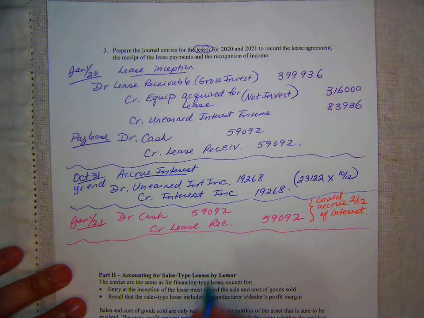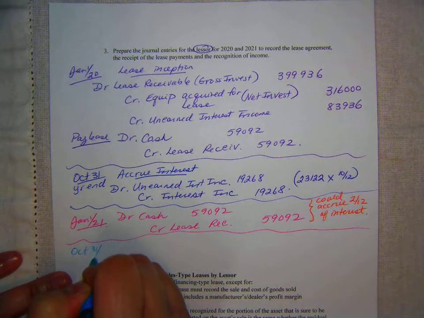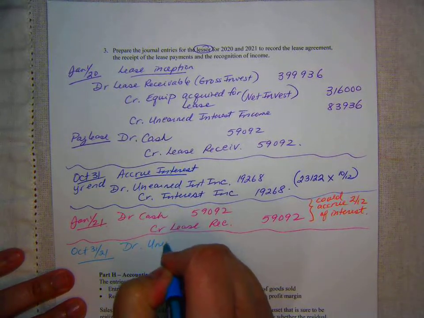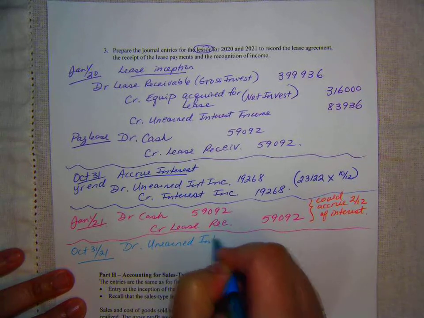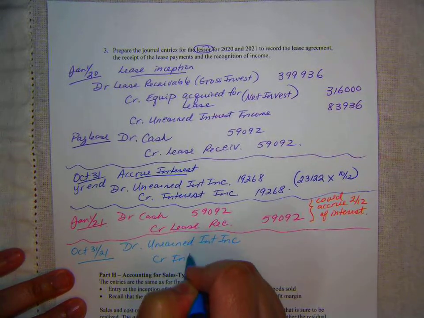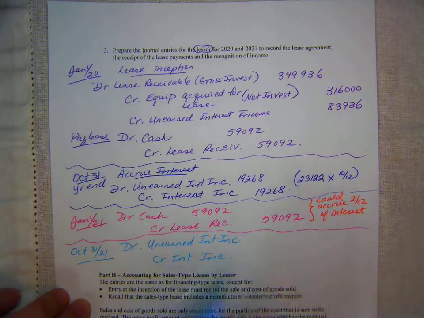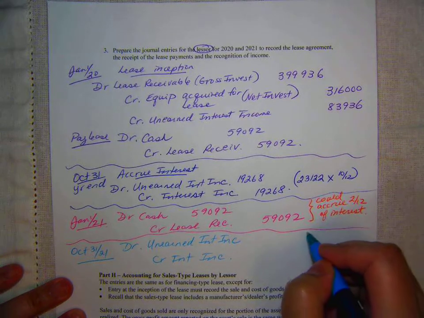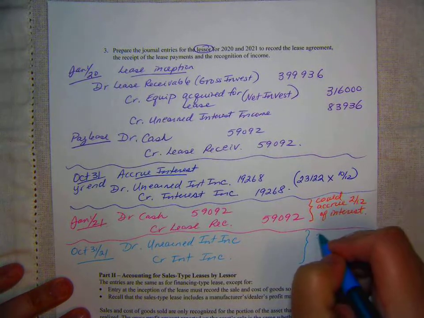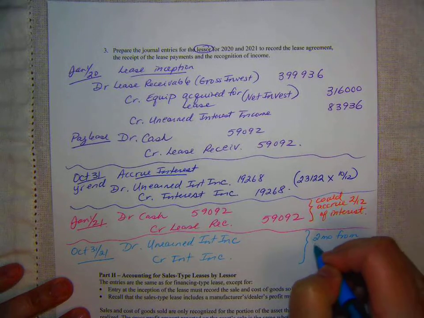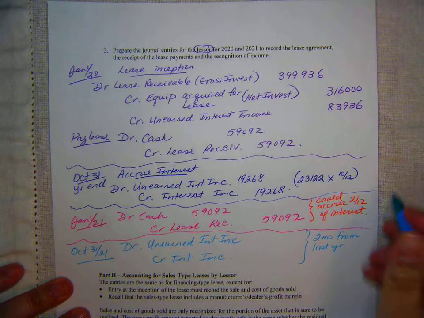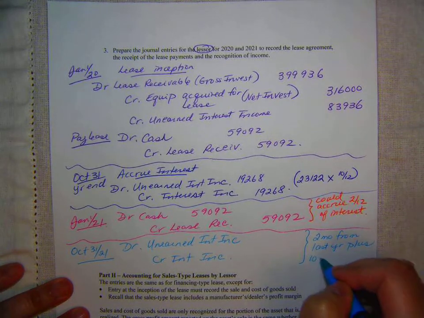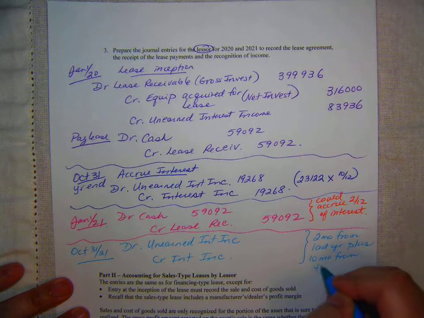And now we're looking at October 31st, 2021. And again, we're going to debit unearned interest income and credit interest income. Now, we need a whole year. So we need 2 months from last year plus 10 months from this year.